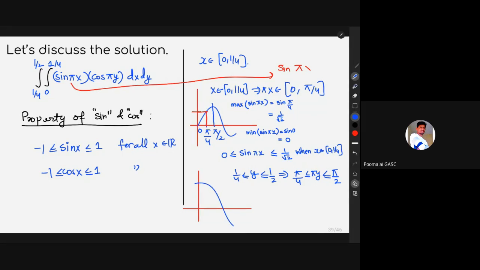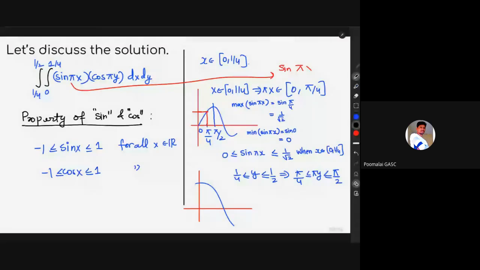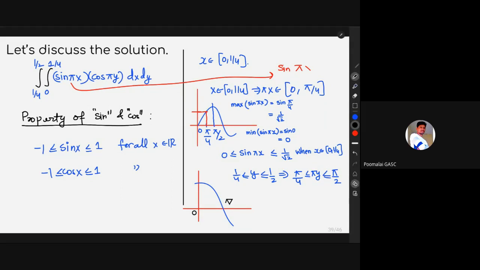So this is my graph of cos. I'm just drawing an arc of it, which is relevant to our question. So this is 0, and it hits the axis at pi by 2, correct?